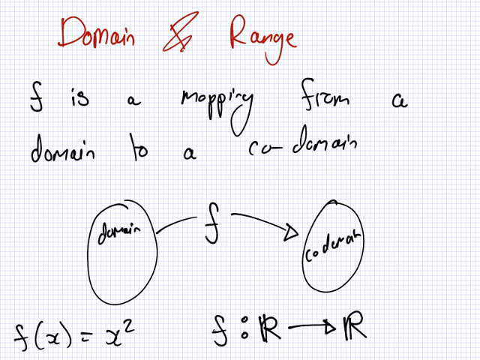So we have domain and we have codomain. But for the first lesson, we're only really interested in domain and codomain being real numbers, because that's what we're dealing with in maths. So what precisely is the domain?